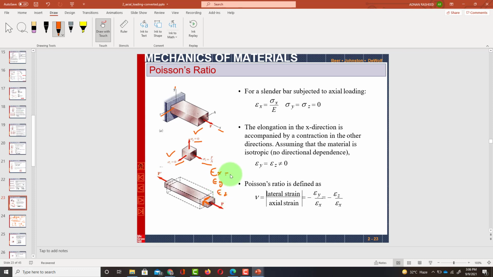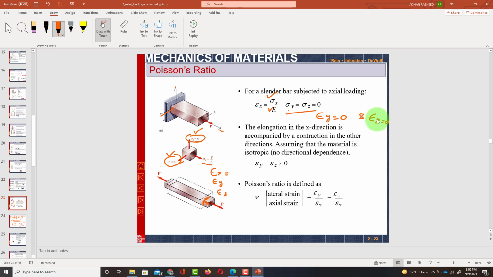Epsilon x can be found by using the stress-strain equation. Now, as the stress sigma y and sigma z, the load along y and z direction, is equal to 0, it does not mean that epsilon y and epsilon z will be equal to 0.